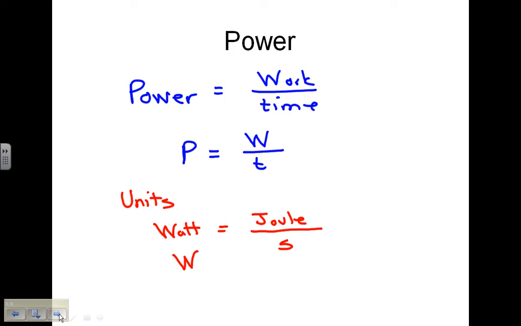Now, a couple of other equations that are closely related to these two. One is kinetic energy, and kinetic energy is 1/2 mv squared. And on our equation sheet, we have it written, K is equal to 1/2 m v squared, m is for mass, v is for velocity.